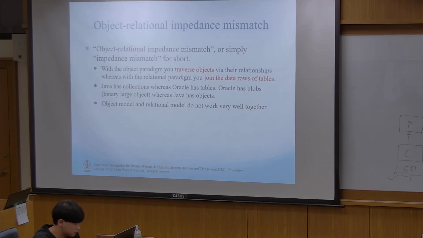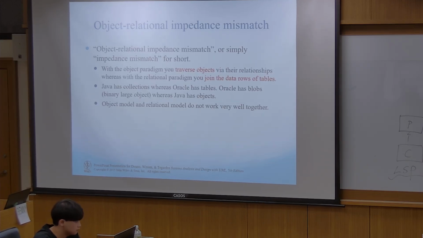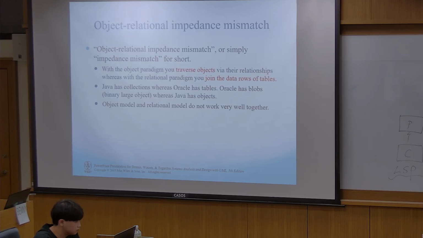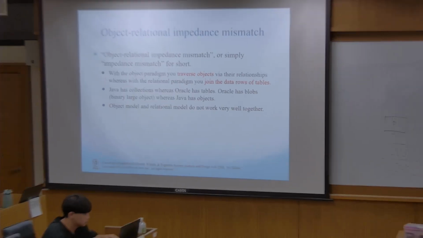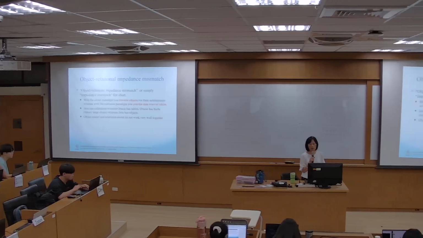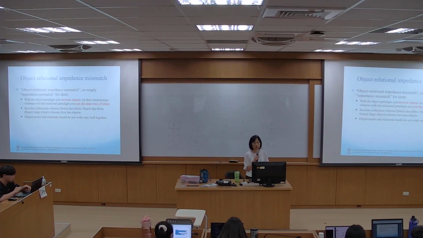Because an object is different from a record. A class can have many objects, and a table can have many records. They are similar concepts. In a relational database, we give the table a name, for example customer.